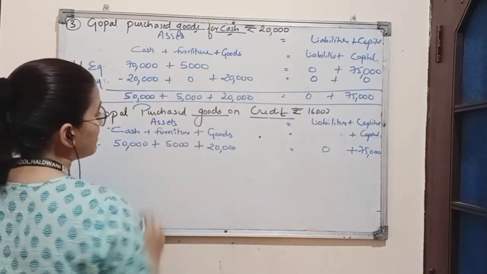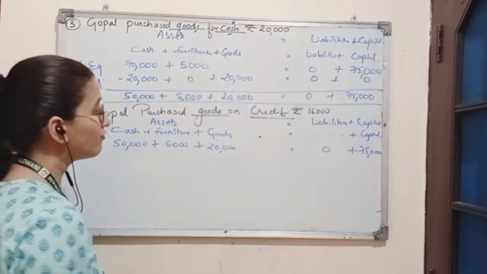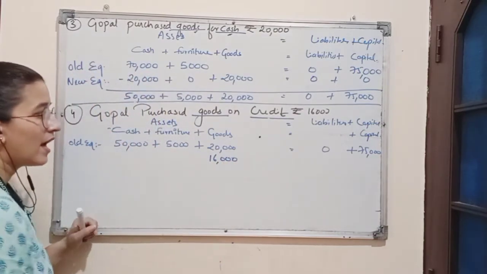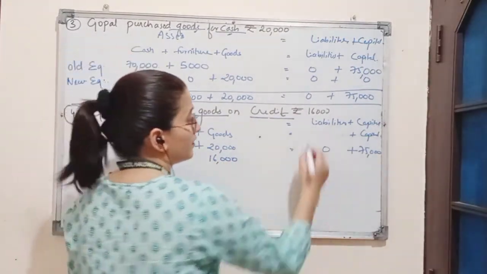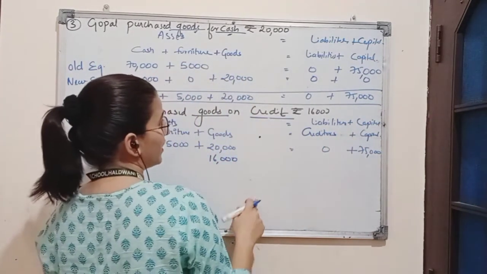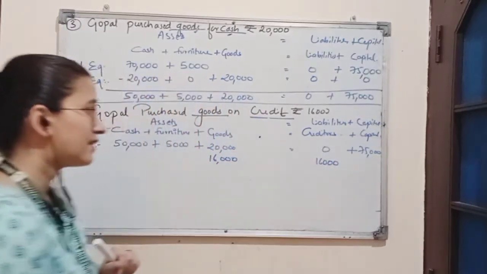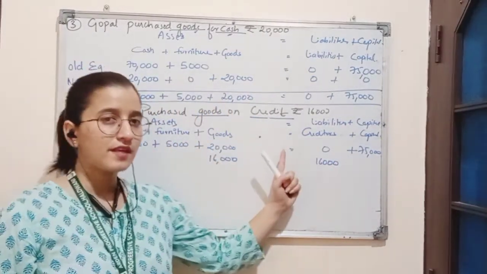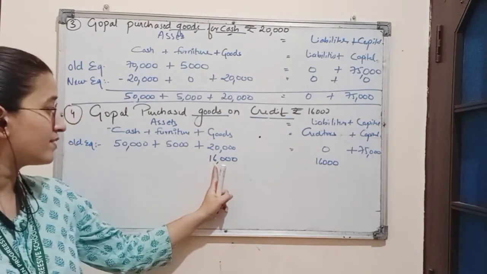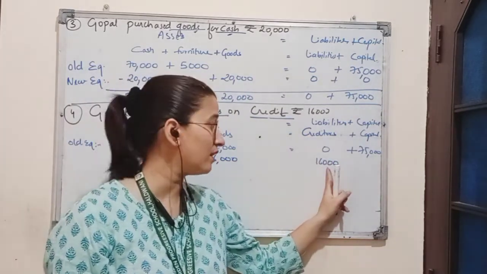Now if goods have been purchased, that means there is increase in the value of goods with the amount 16,000, and at the same time we will open a column named creditors here. Creditors are also increasing with the amount 16,000. So in this transaction, assets is increasing with the amount 16,000, and at the same time liabilities are also increasing with the same amount.